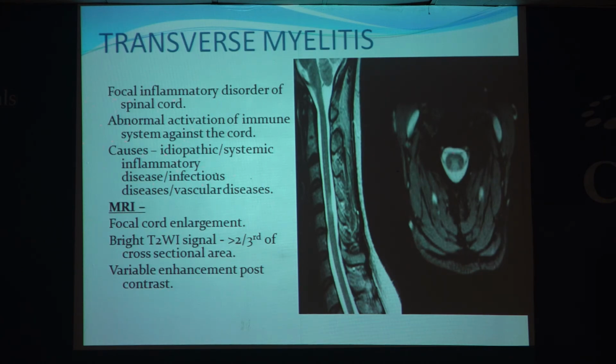In the acute stage there will be focal cord enlargement. Gradually the cord will reduce in its diameter. There is a bright T2 signal, and on cross section it involves more than 2/3 of the area, with variable post contrast enhancement.